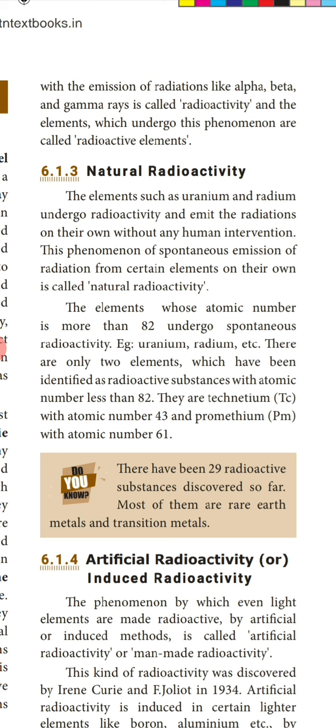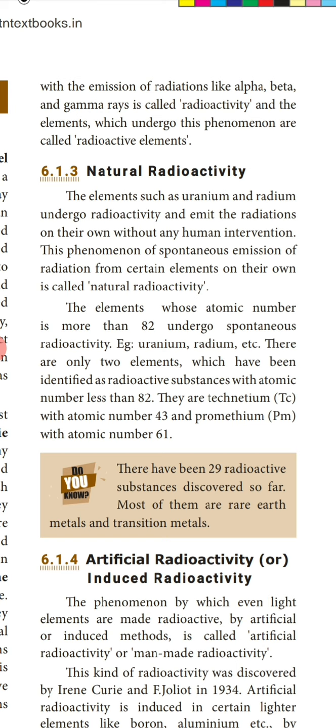Now we are going to see two types of radioactivity: natural radioactivity and artificial radioactivity. Very important question. The difference between natural radioactivity and artificial radioactivity is an important 2 mark or 5 mark question.